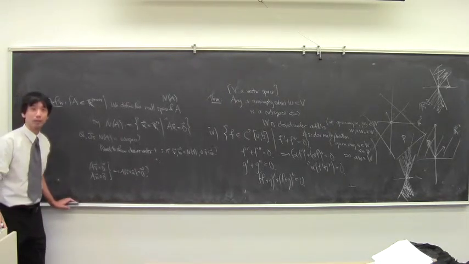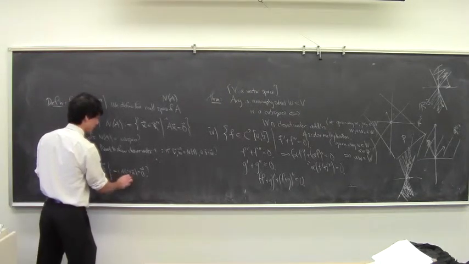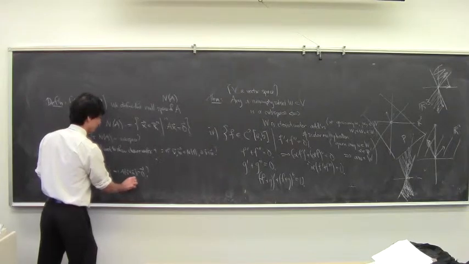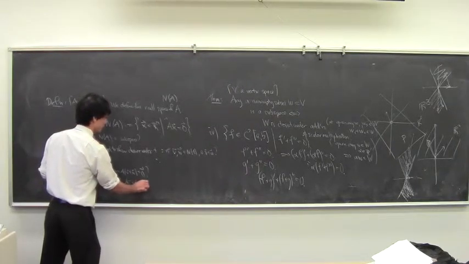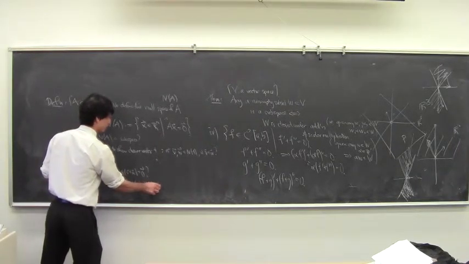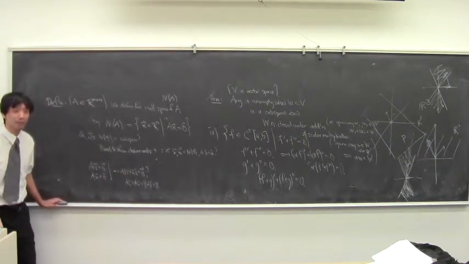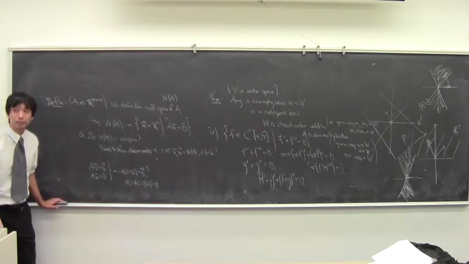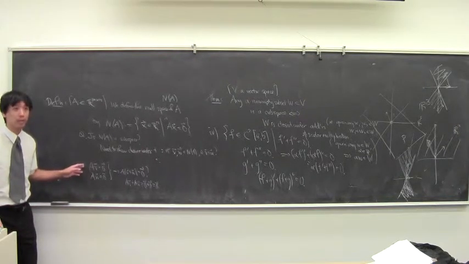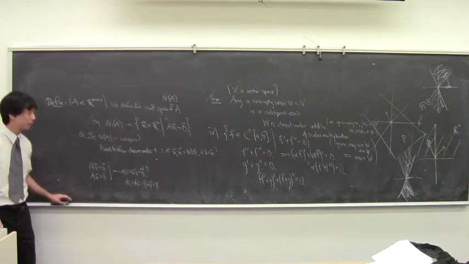Well, certainly, because A of (V plus W) is AV plus AW, which is 0 plus 0, which is 0. Okay, so the null space is closed under addition.